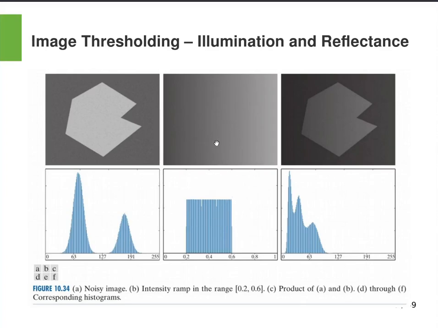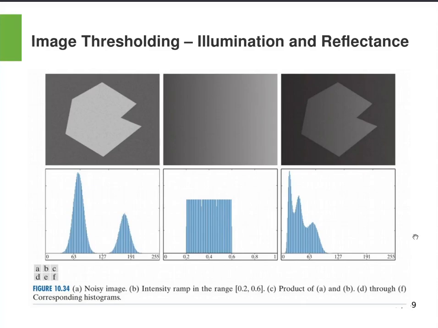So now let's just say we element-wise multiply this intensity ramp with the original image. So after doing that, this is what we end up with. The areas to the left of the image are now a bit darker than the areas to its right. So now if you calculate the histogram, you see that there are three peaks that are not very distinct in the histogram.